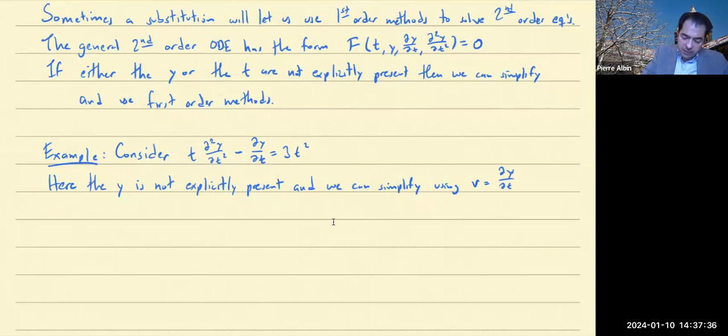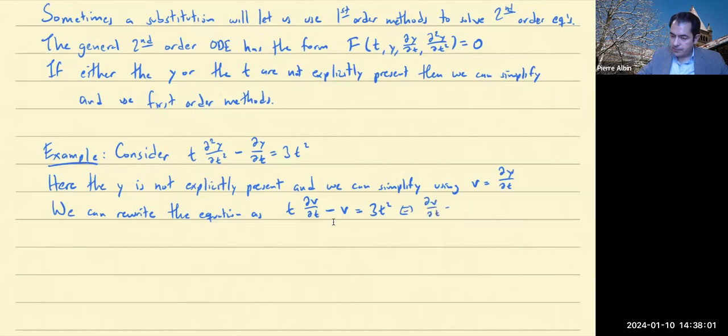If you use that variable, then we can rewrite this as t times the derivative of v with respect to t minus v is equal to 3t squared. Or equivalently, if we solve for dv dt, we end up with 3t squared minus v over t. Right? This is a separable equation.